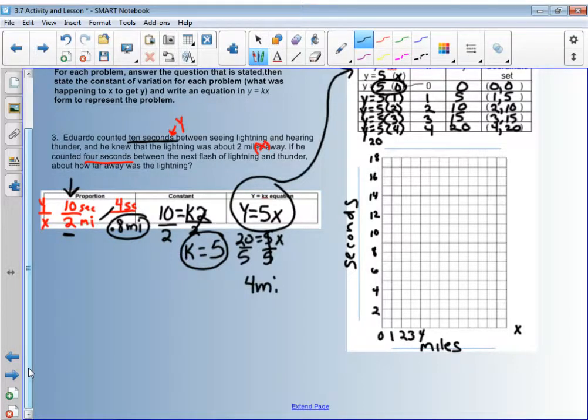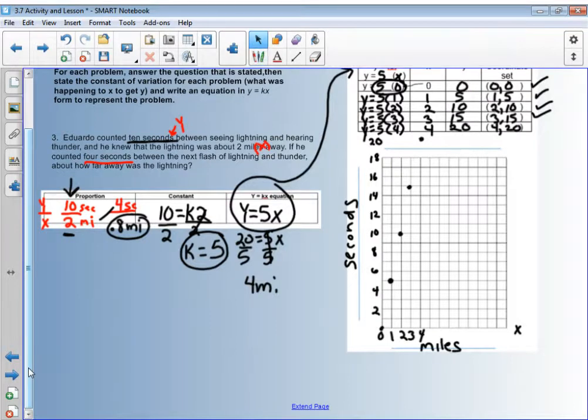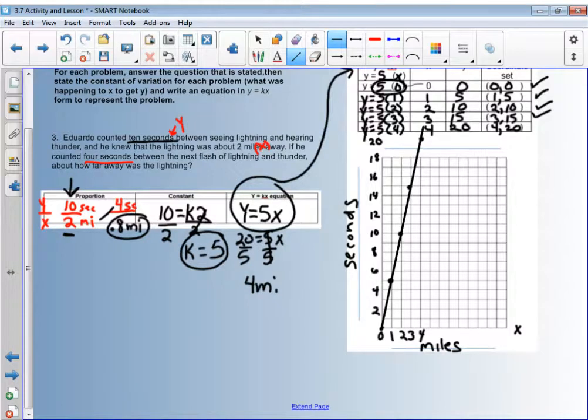So now if I go over to 0, up to 0, and I'm just plotting these, over to 1, up to 5, so there's 5. Over to 2, up to 10. Over to 3, up to 15. And over to 4, up to 20, which is up here. So you'll notice that we have a nice straight line. And that's graphing it.